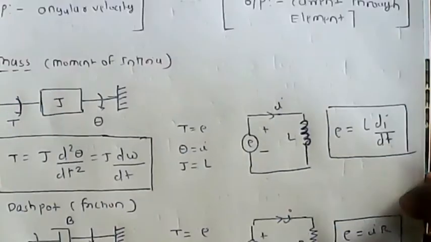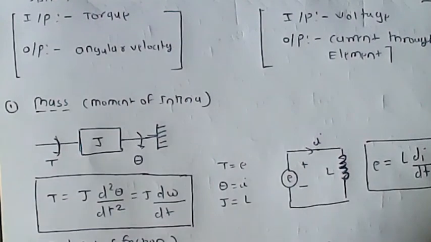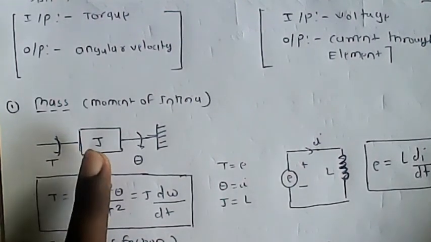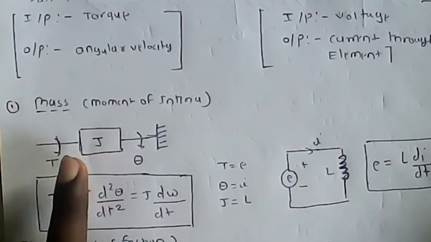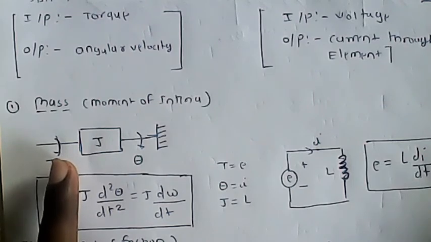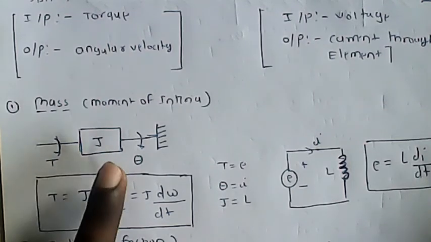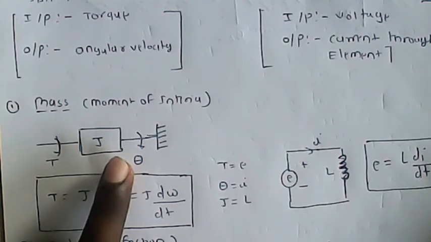So for the moment of inertia, that is nothing but a mass, we apply a torque. This torque is denoted by T, and it produces angular displacement, that is theta.